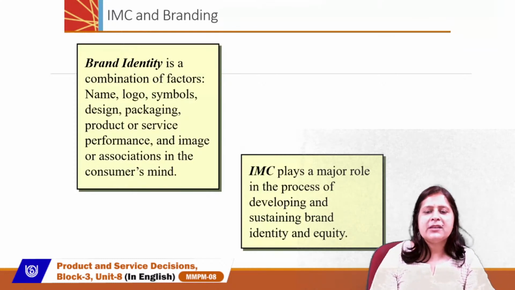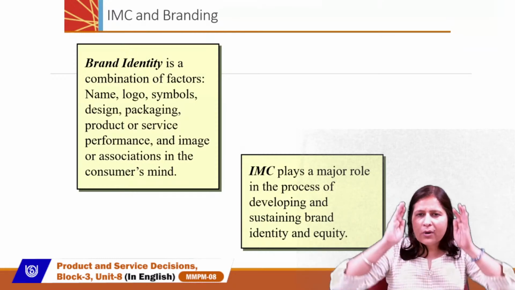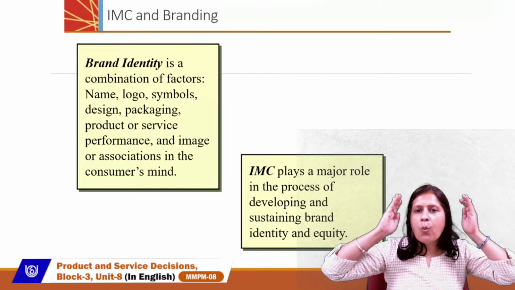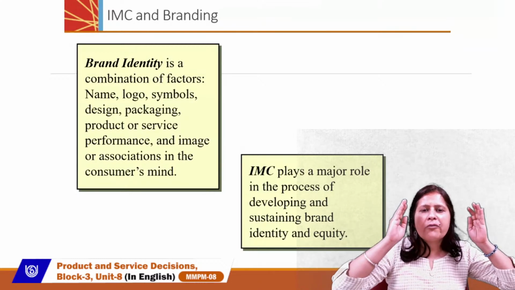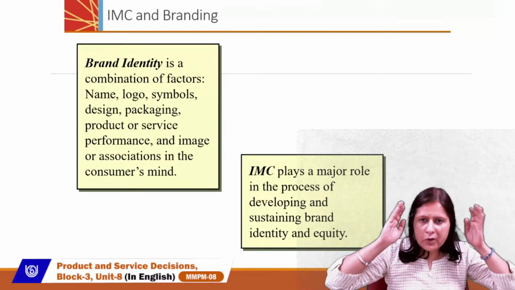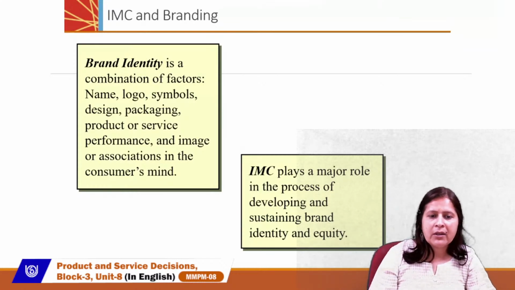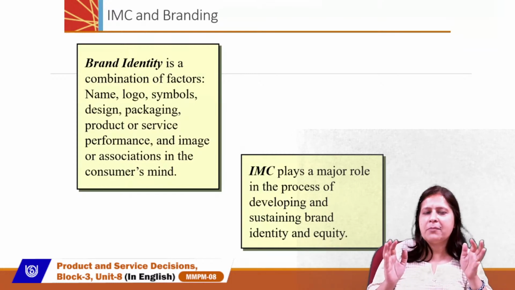And IMC plays a major role in the process of developing and sustaining brand identity and equity. What is brand positioning? It is the position of your company or your product in the mind of the consumer. The image or association in the consumer's mind is the branding.